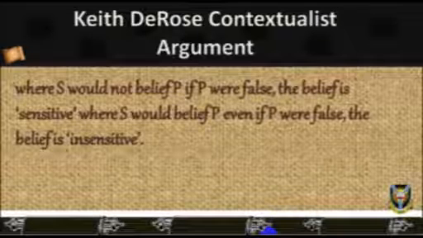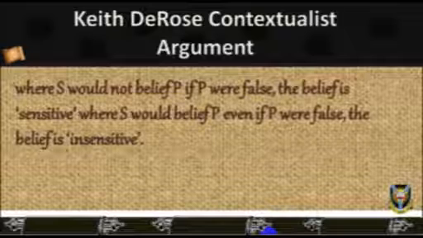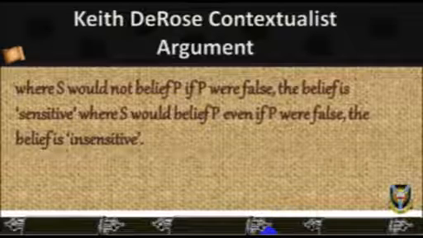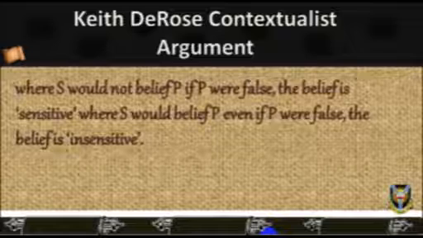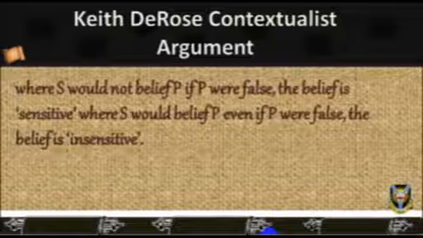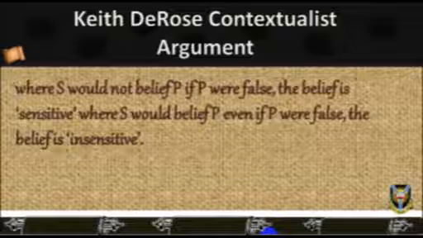The invariantist, Peter Unger, a good example of one who denies contextualism, will not subscribe to the above. According to him, there's a single invariant set of standards which, at least as far as truth conditions go, govern the use of knowledge attributions, regardless of the context in which they are uttered.